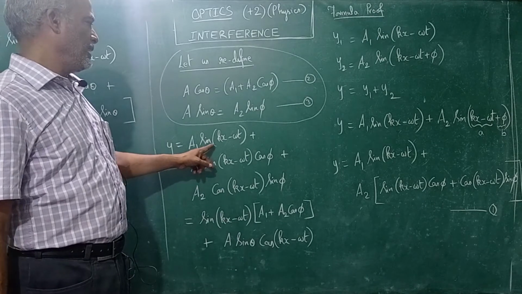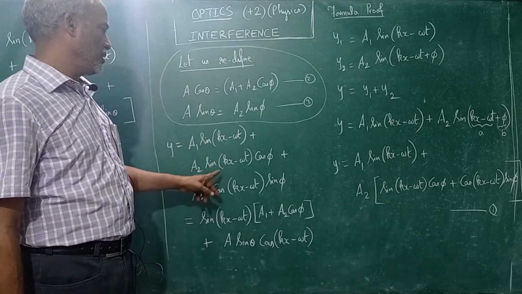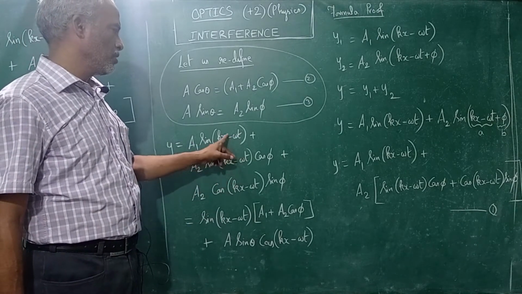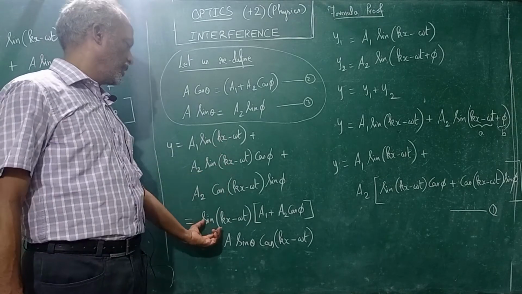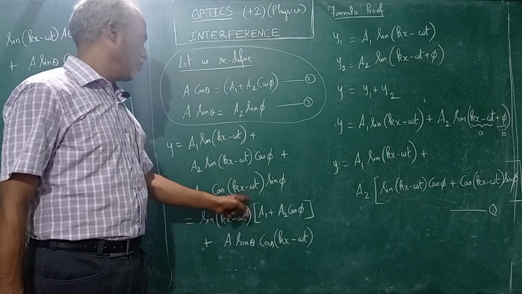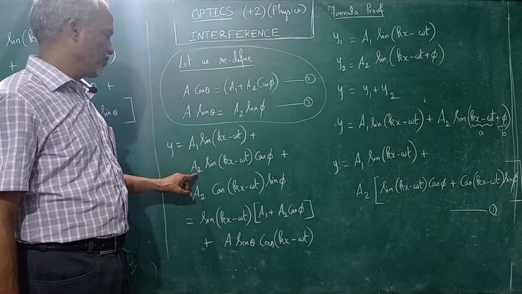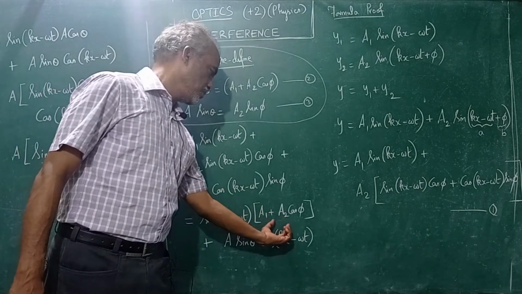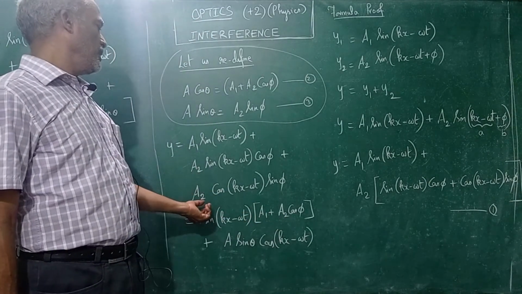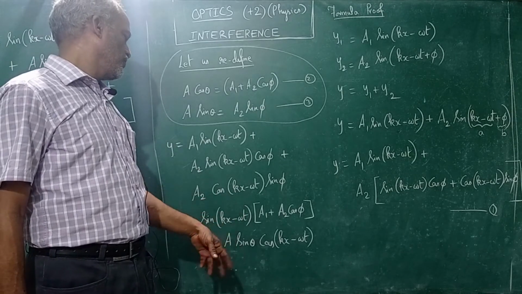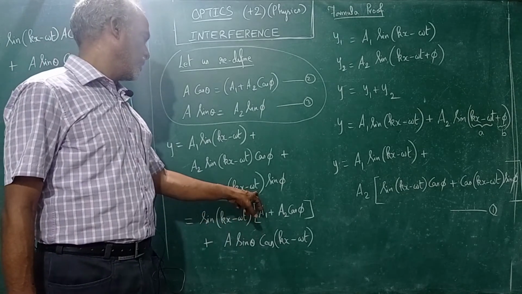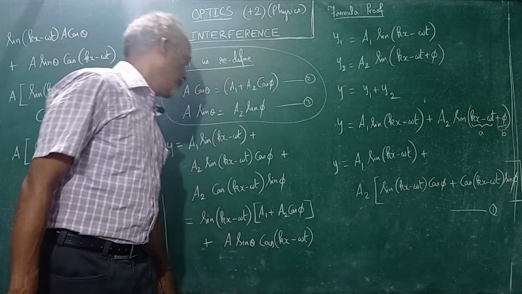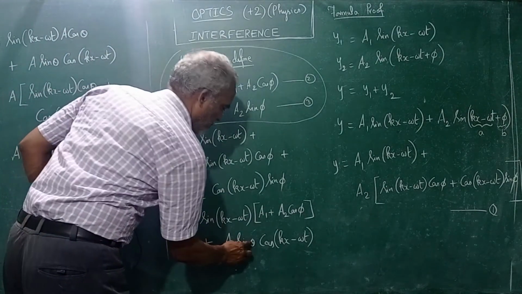Now sin(kx minus omega t), here also sin(kx minus omega t). These two terms are common. You take it outside. So inside you will be having a1, and for the second one a2 cos phi. That's what we have written here. And the remaining term a2 cos(kx minus omega t) into sin phi is written as it is. Okay, this is sin phi.